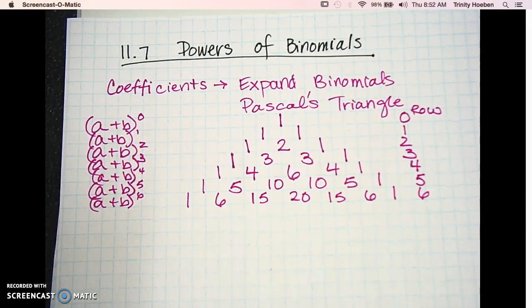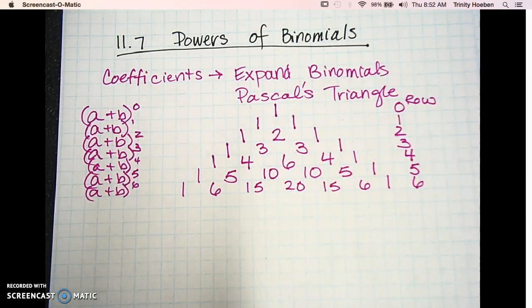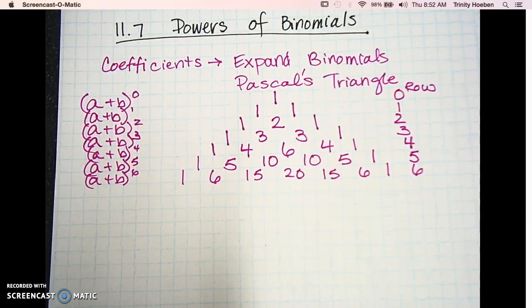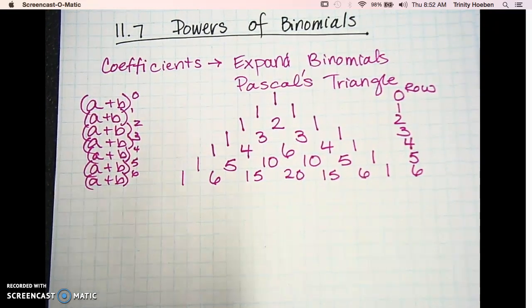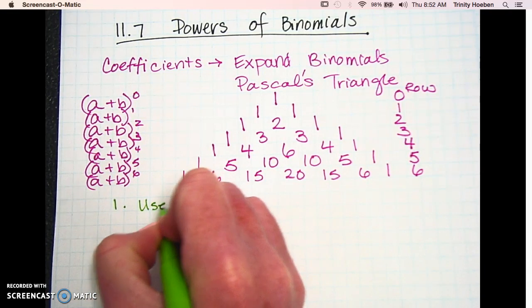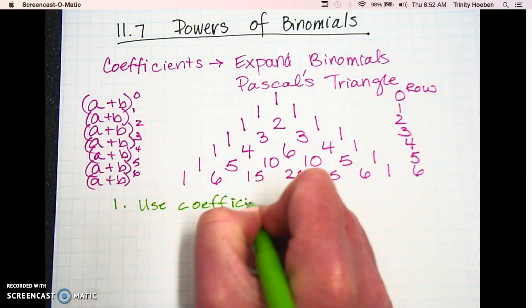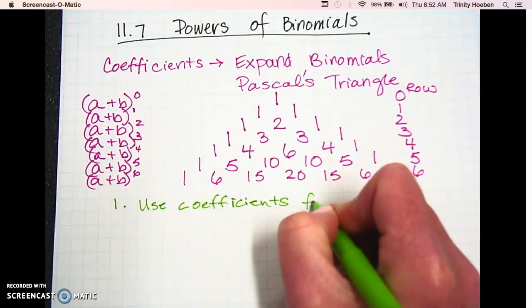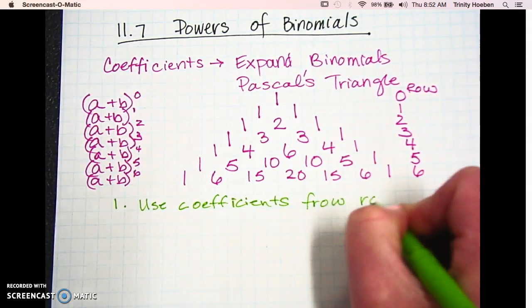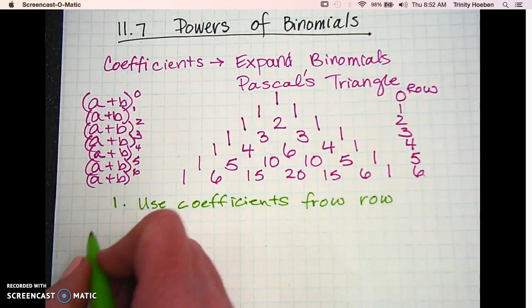All right? So there are 3 steps you're going to follow when you want to easily expand a binomial. First, use the coefficients from the proper row. We went up through row 6, but you can go up as many rows as you need to.